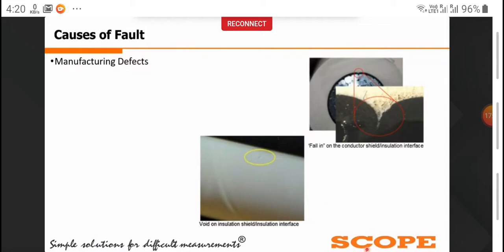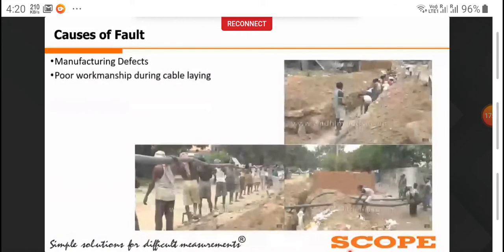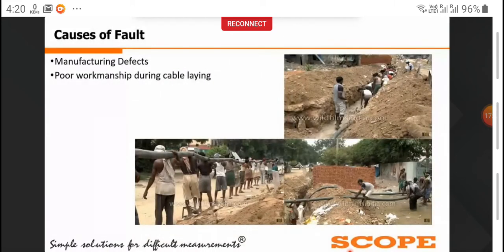These are slowly developing faults which result in breakdown or damage to the cable.